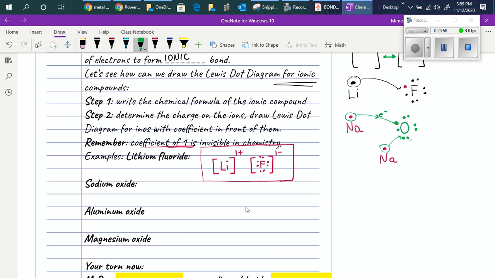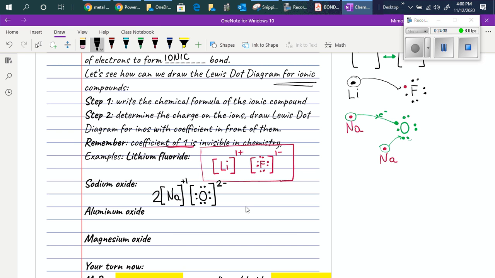So then what does that mean is that we have 2 sodium ions, each of them with a charge of +1, and 1 oxygen with the valence shell completed, because now it took 1 electron from 1 sodium and the other one from the other sodium, and it has a charge of -2. Let's see now aluminum oxide.